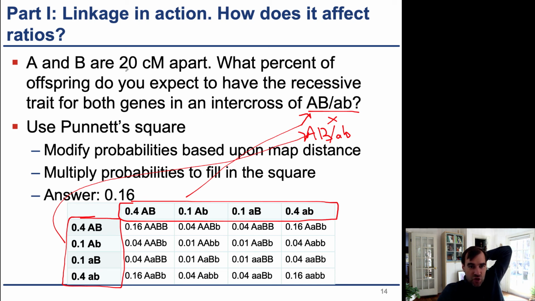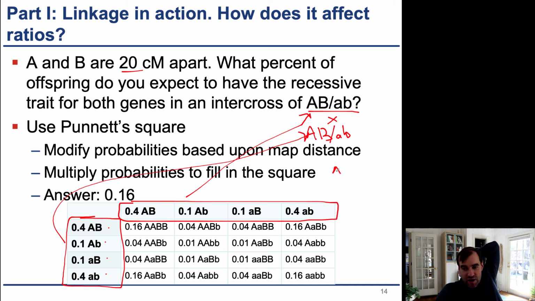So we are told that the map unit, the distance between these 2 genes, is 20 centimorgans apart. So the first thing we need to do is list the 4 gametes that can be produced by this individual, and also the 4 gametes that can be produced by the other individual. So all 4 can be produced. Then we have to recognize what the recombinant gametes are.